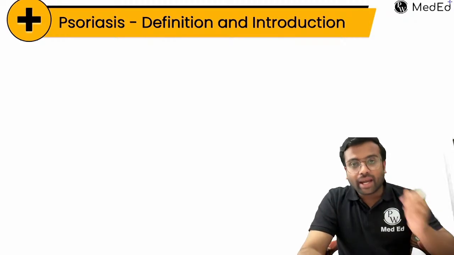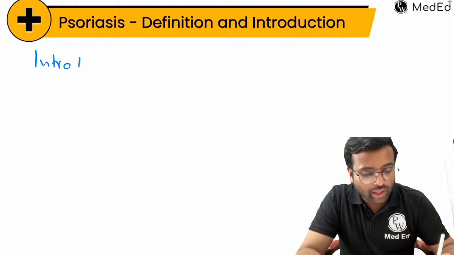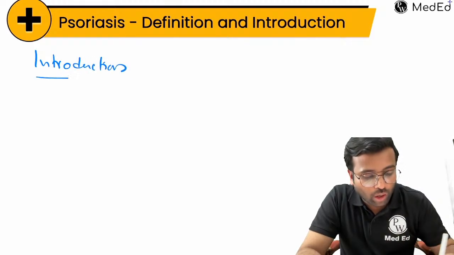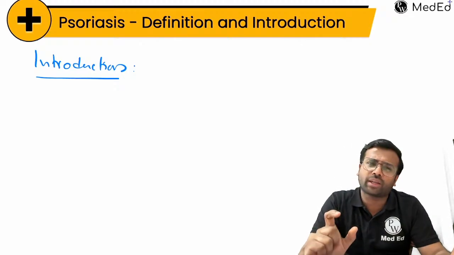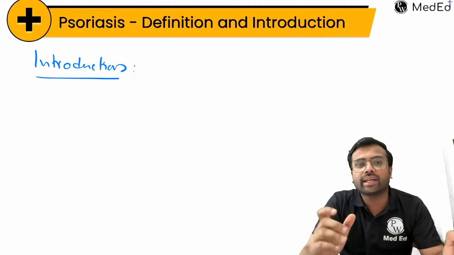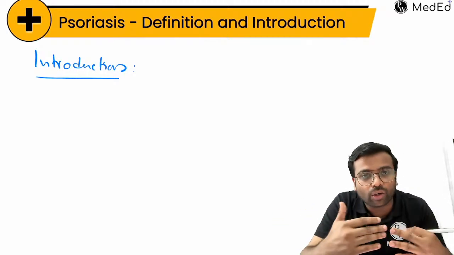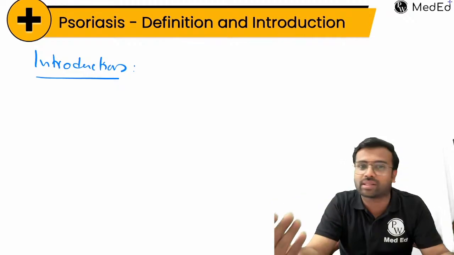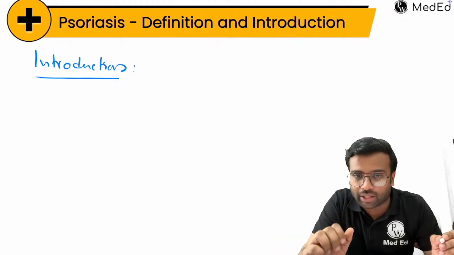So first thing, again, remember, always try to give a small introduction. In this introduction, the first thing that you can always relate is whether it is acute, as in infections, or a chronic disease. I guess this is very simple for all of you to know. Psoriasis is going to be a chronic condition, isn't it?